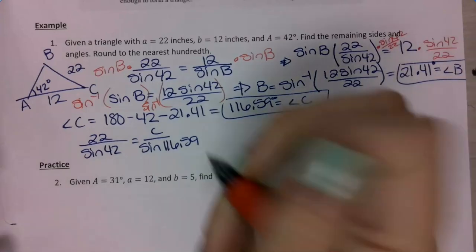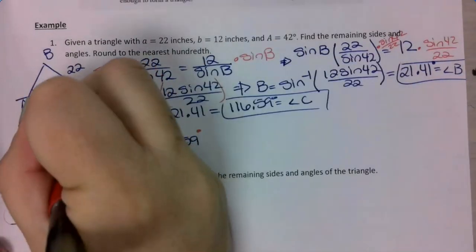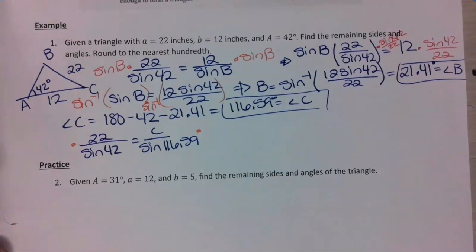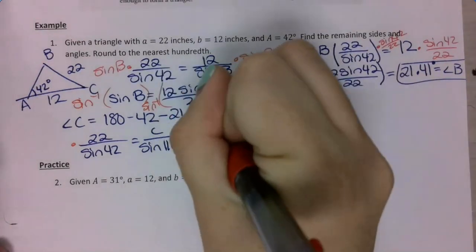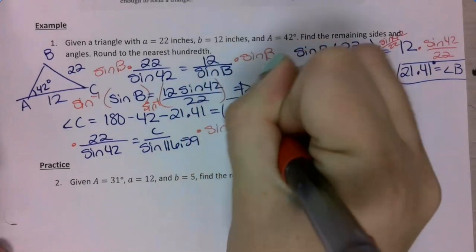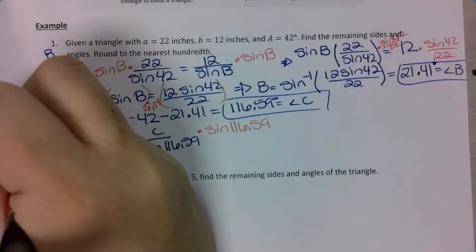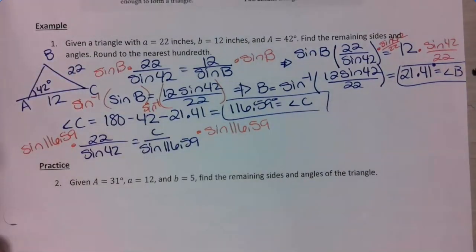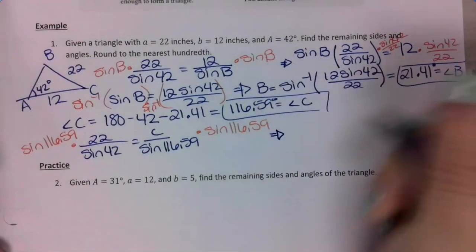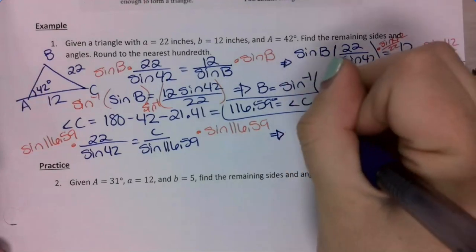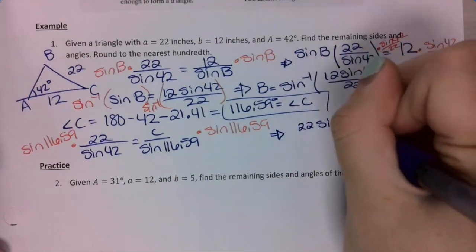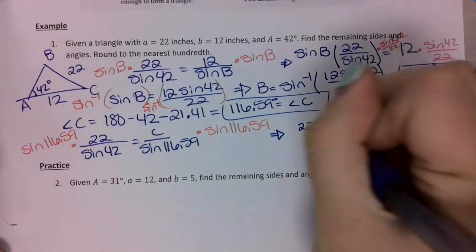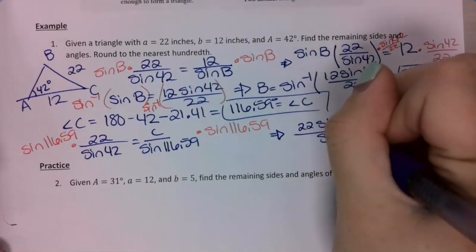Okay. Then to isolate my variable, I want to multiply both sides by what? So that is going to give me 22 sine of 116.59 over sine of 42.